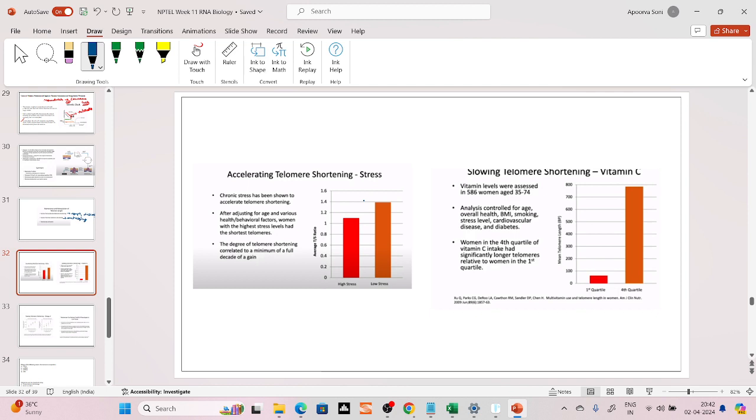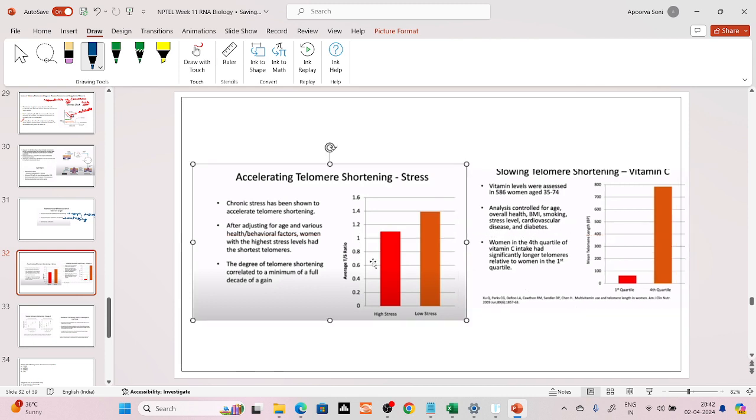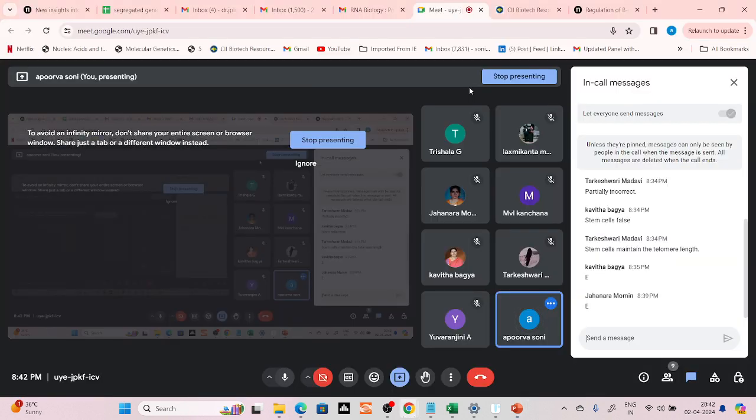Telomere shortening can be accelerated by one thing that most people are suffering from today, and that is stress. According to one study, you can see the T by S ratio, and for a healthy individual, should the T by S ratio be more or less? Tell me.